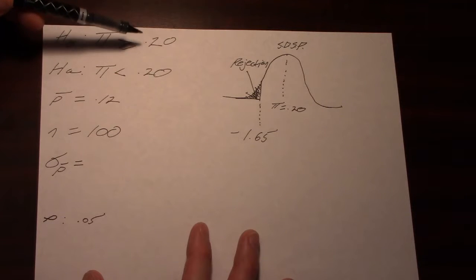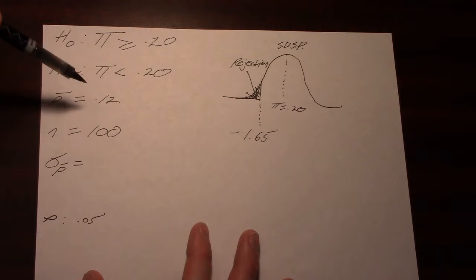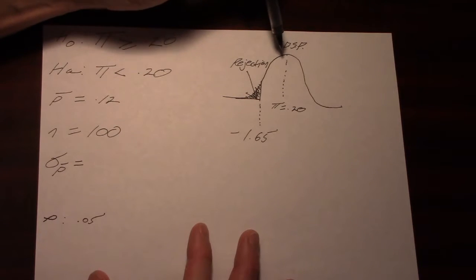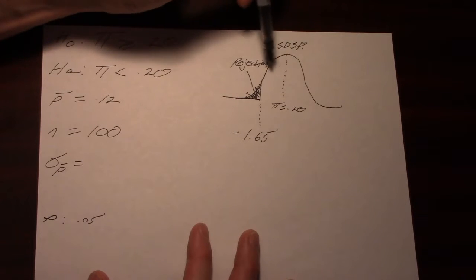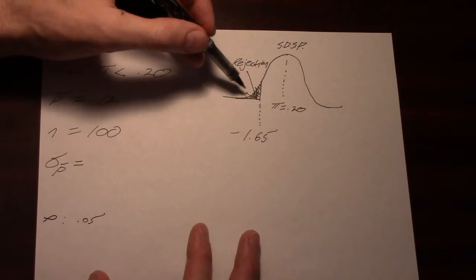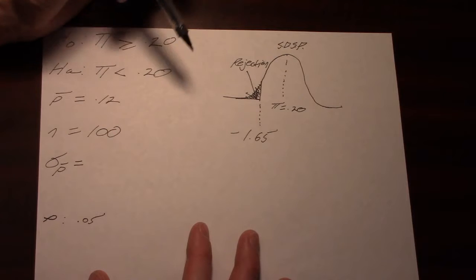It's the 20%. We're not going to use the 12% to calculate standard deviation. We're going to assume what they say is true, and see what the standard deviation would be under that assumption.